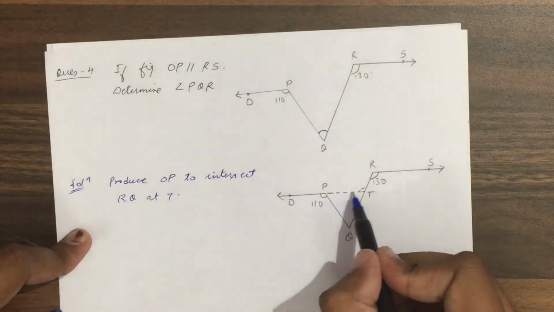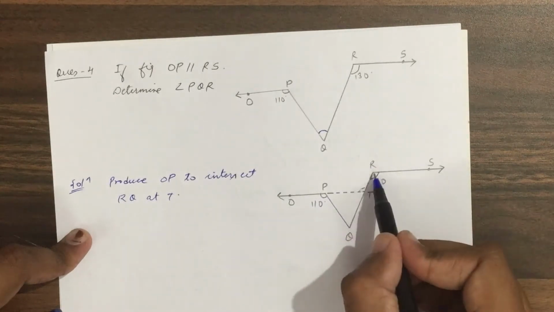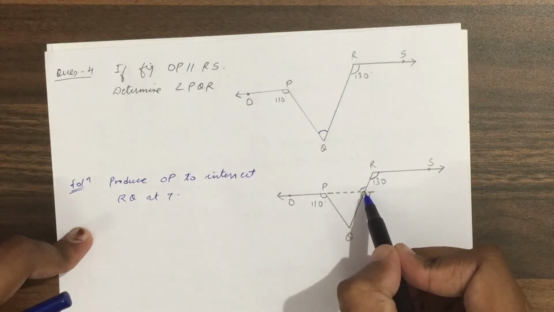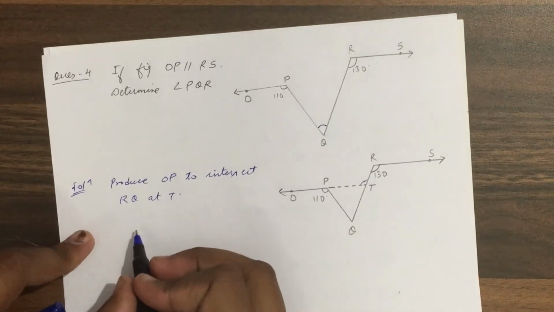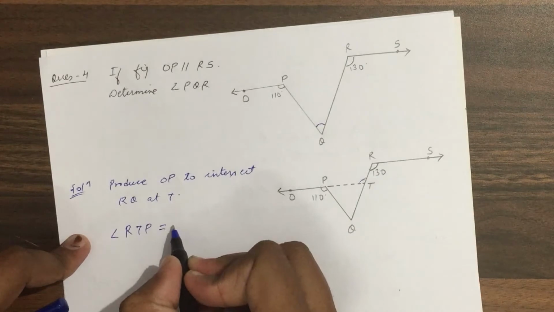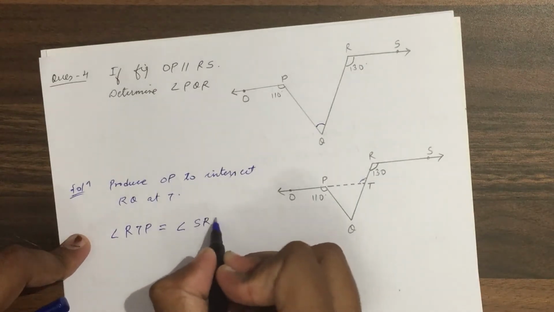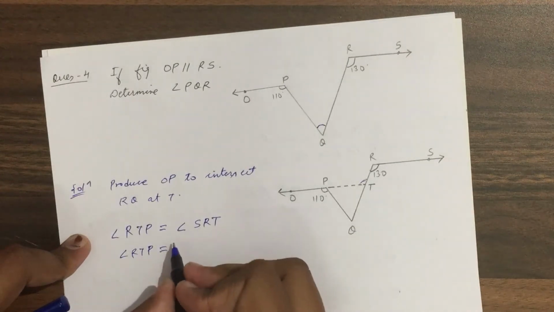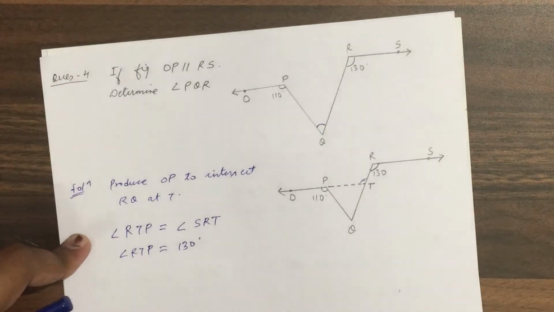Look, this OT is parallel to RS and this RT is a transversal. So this angle will be equal to this angle. Why? Because they are alternate angles. Okay. So you can say that angle RTP equal to angle SRT. So angle RTP will be equal to 130 degree.